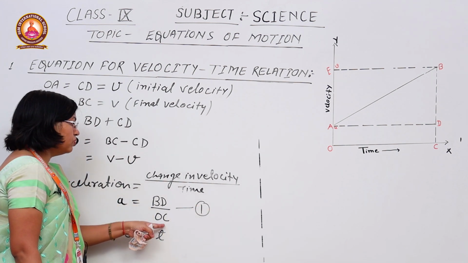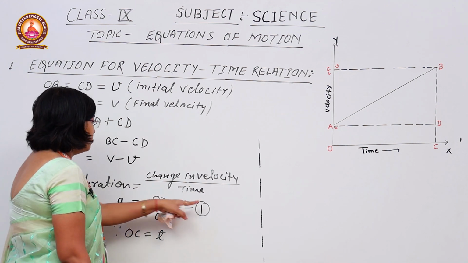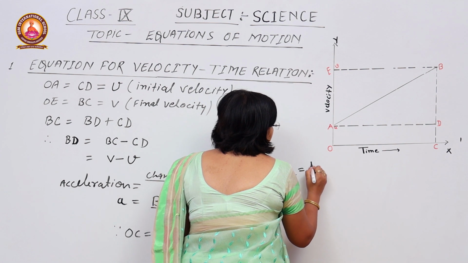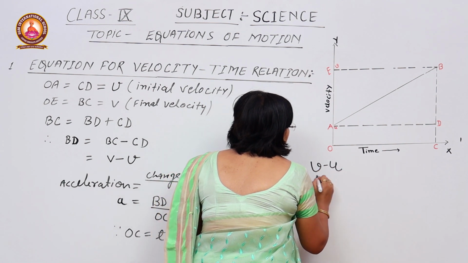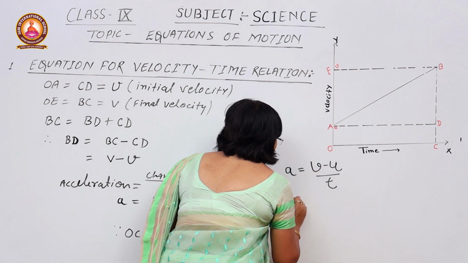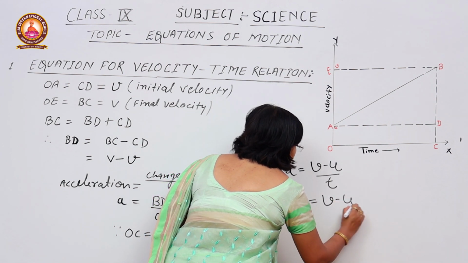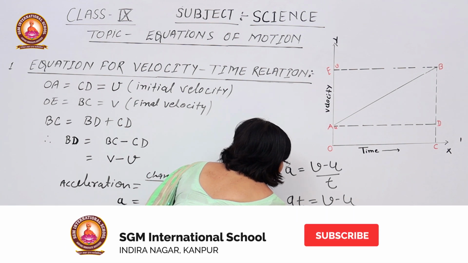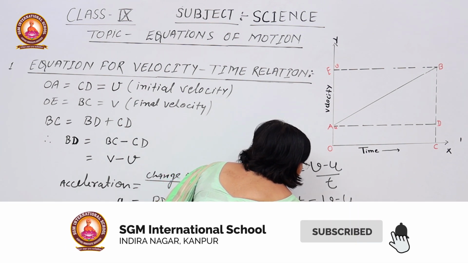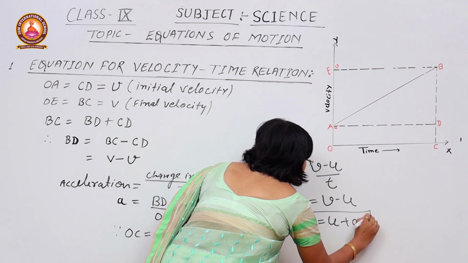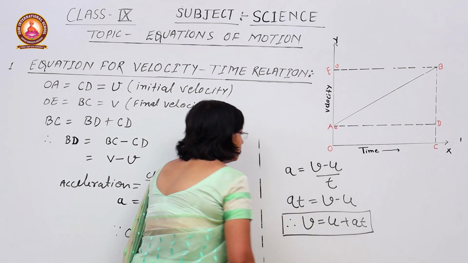Put the values of OC and BD in equation 1. We will write that a is equal to v minus u by t, or at is equal to v minus u. Therefore, v is equal to u plus at, which is nothing but the first equation of motion.